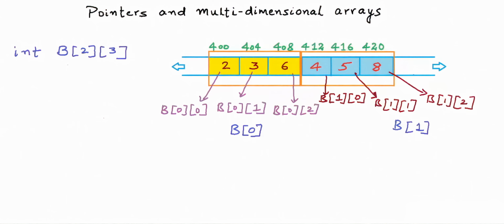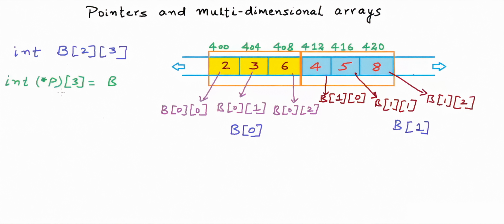As we had seen in our previous lesson, when we just use the array name, it returns a pointer to the first element of the array. Here B is a two-dimensional array. It is an array of one-dimensional arrays of size 3. So B will basically return a pointer to a one-dimensional array of 3 integers.